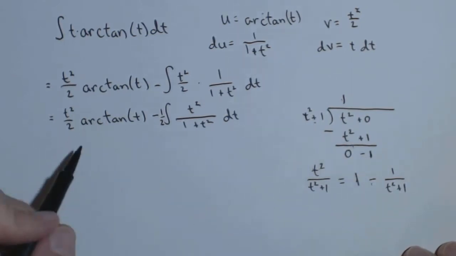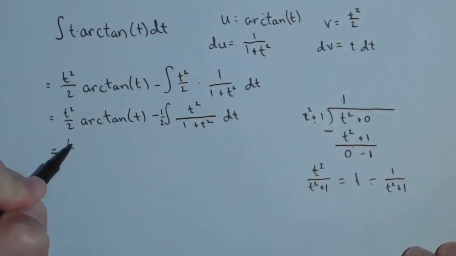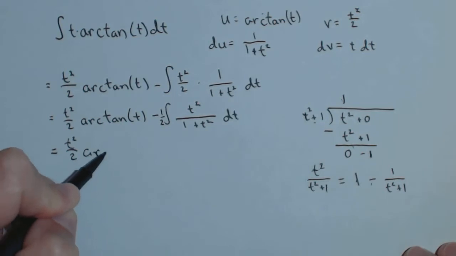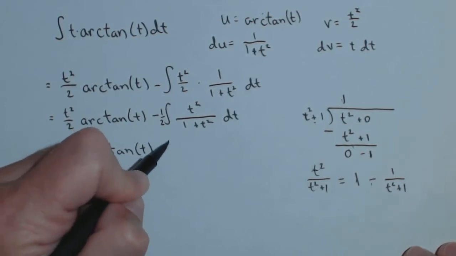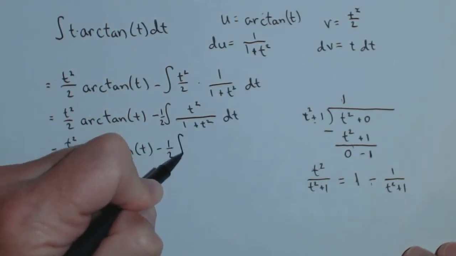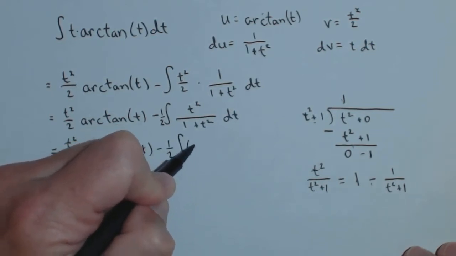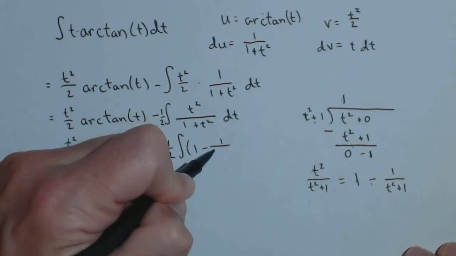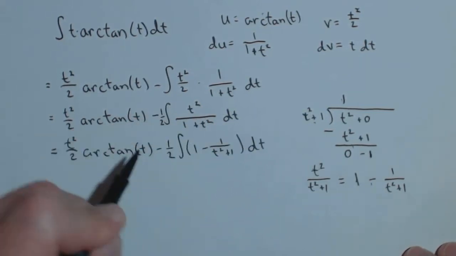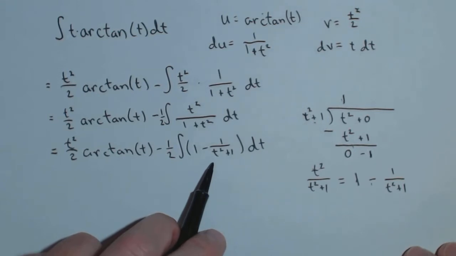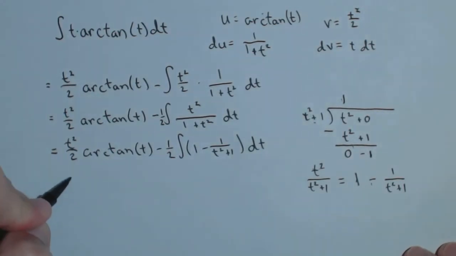So what that's going to allow me to do is rewrite that integral that we still need to solve. So we have t squared over 2 arctan of t minus 1/2, and now we're going to write this as the integral of 1 minus 1 over t squared plus 1 dt. Now this is an integral we can do piece by piece.